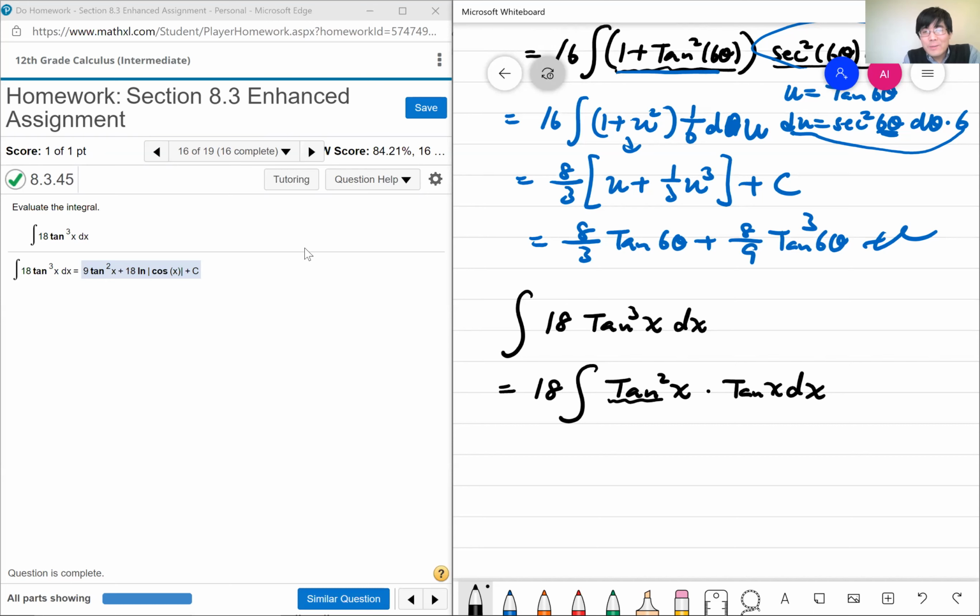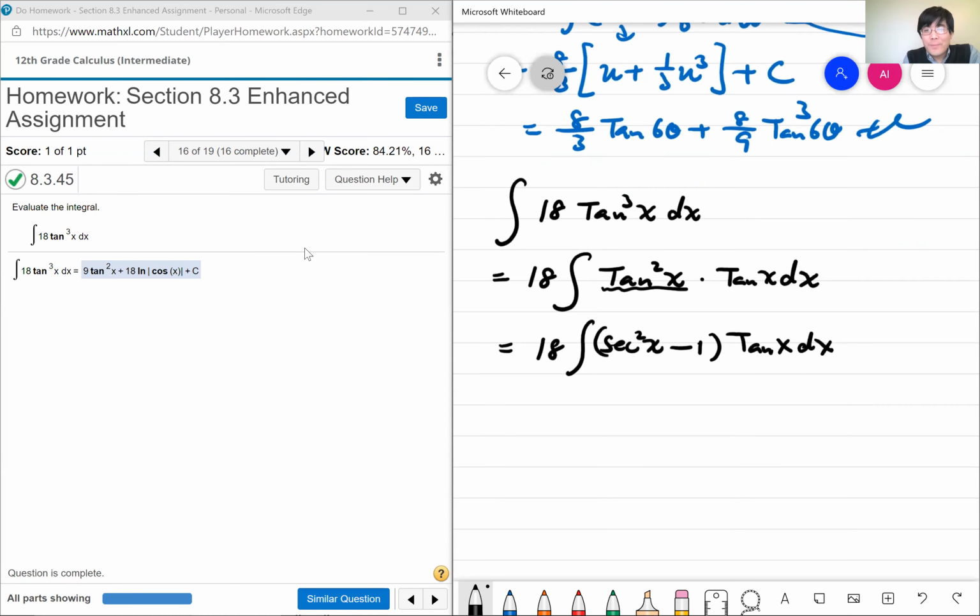And rewrite this one in terms of secant. Like this. Okay. This is not so simple, but when you split into 2 pieces, we might be able to solve.